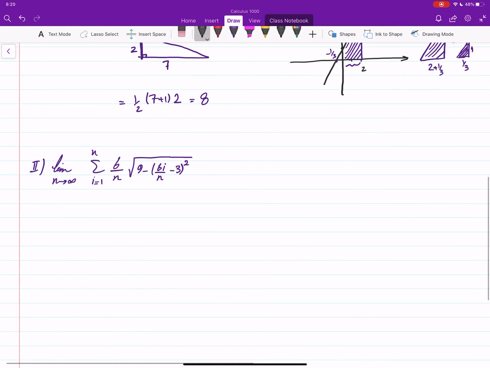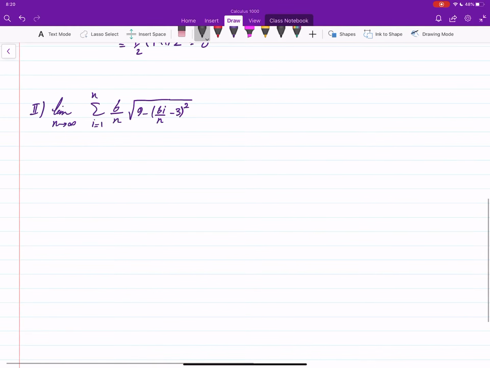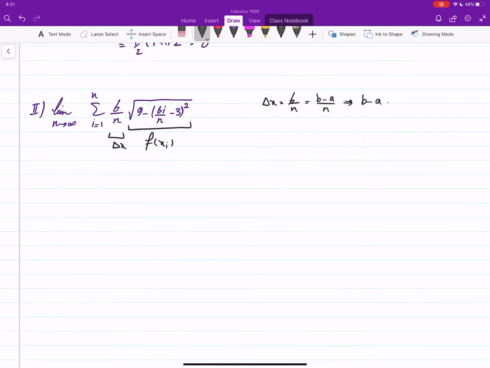How about this one? Okay, again, you try to make delta x and f of xi. For delta x, a good candidate is 6 over n, and we know that this is supposed to be b minus a over n. That means that b minus a is supposed to be equal to 6.